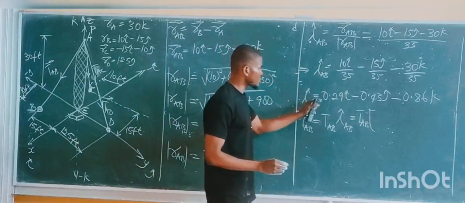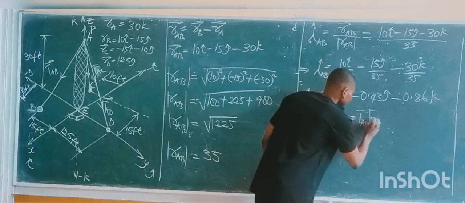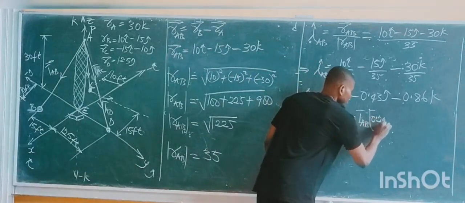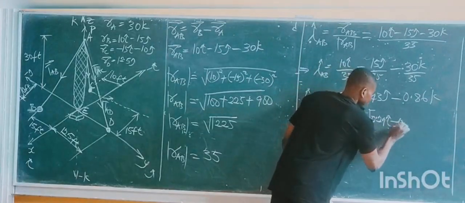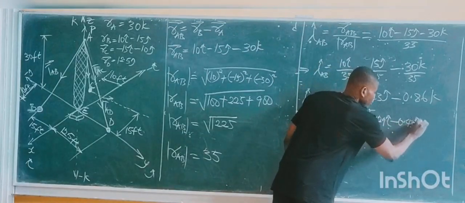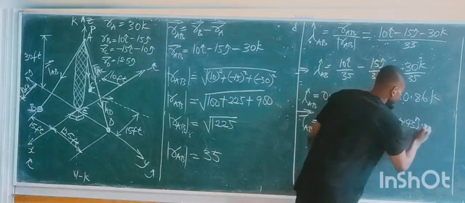The unit vector will have 0.29I minus 0.43J and minus 0.86K.